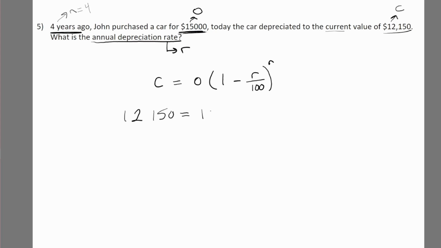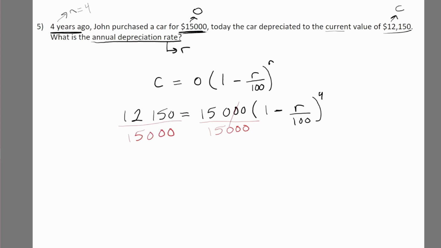And the original is 15,000 multiplied by 1 minus R over 100 to the power of 4. Now, the first thing to do in order to solve this algebraic equation is getting rid of the 15,000 right here. So we divide by 15,000, it cancels out.